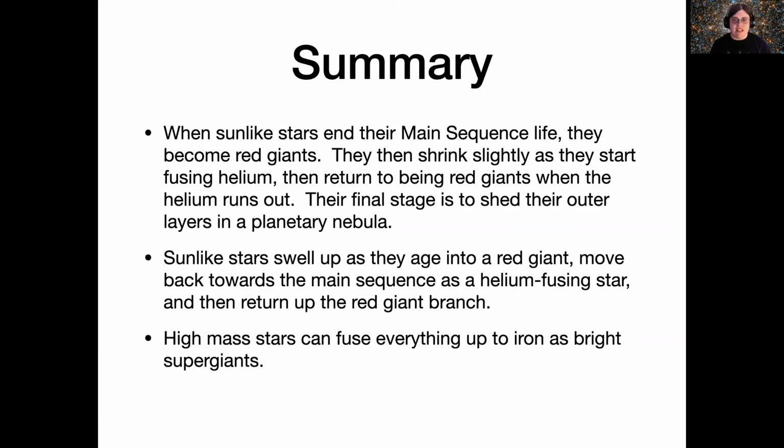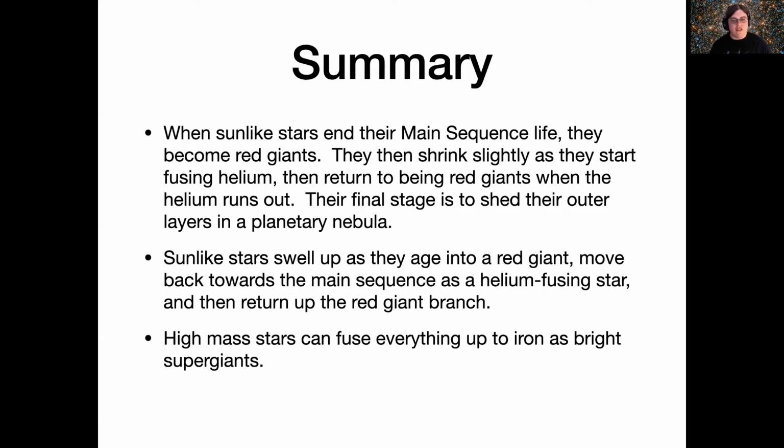They'll return to being red giants when the helium runs out, and their final stage is that their core keeps contracting and their outer layers get shed in a planetary nebula, which will eventually dissipate and return to just the normal gas in space. And we track that on the HR diagram. We see the sun-like stars move to the upper right, move back towards the main sequence, and then move back up to the upper right.